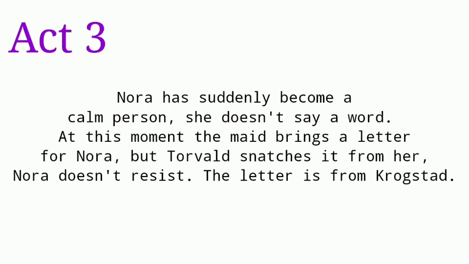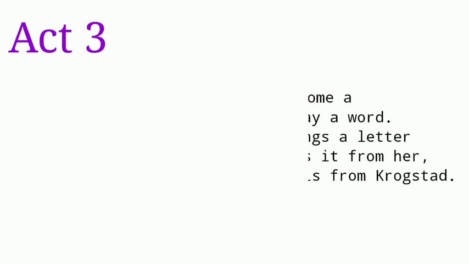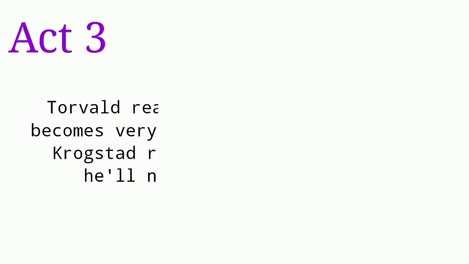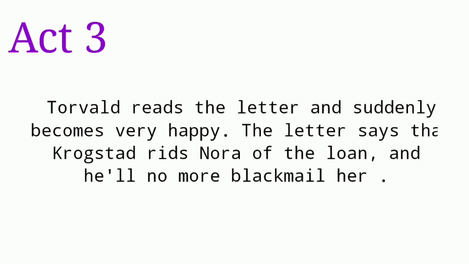At this juncture, the maid arrives with a letter from Krogstad. The letter is for Nora, but Torvald snatches the letter from the maid's hand and reads it aloud. The letter says that Krogstad has withdrawn all his conditions and he will not further blackmail her for the loan.